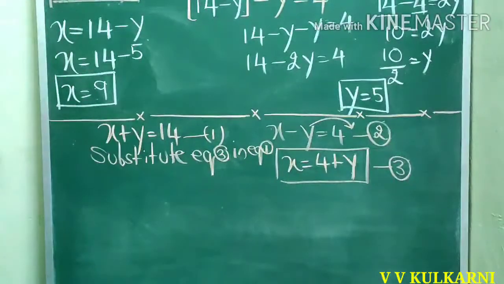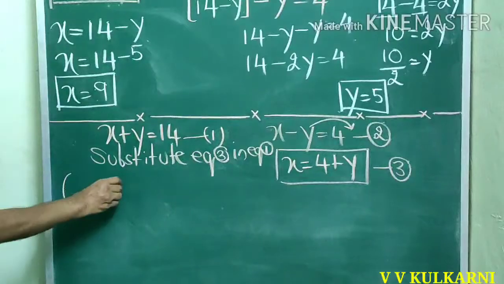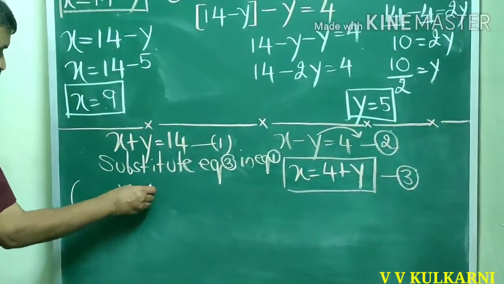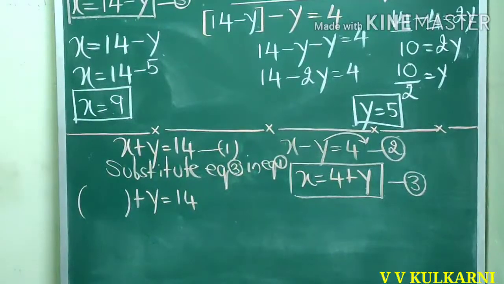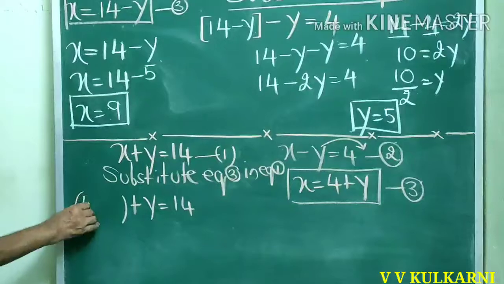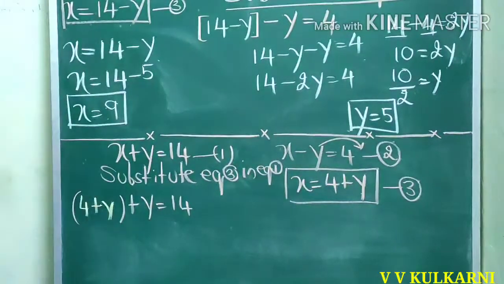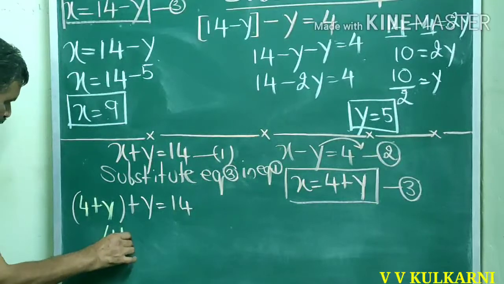Let us see what happens. I am not going to write anything in place of x, but y I will keep as it is, and in place of x I am going to substitute the value of x. As you can see here, the value of x is 4 plus y.